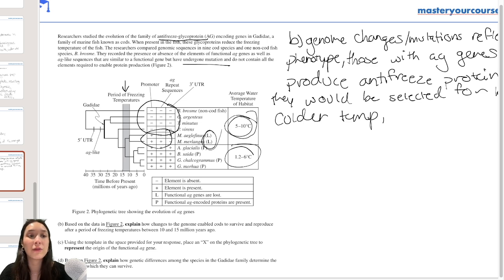So everything within this 5 to 10 degrees average water temperature do not make those glycoproteins, therefore they're not fit to live at 1.2 to 2 degrees Celsius. However, they would have to live at a warmer temperature because that's the only way that they can survive.